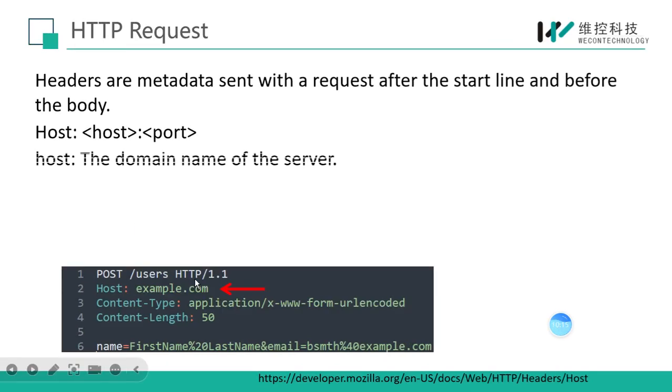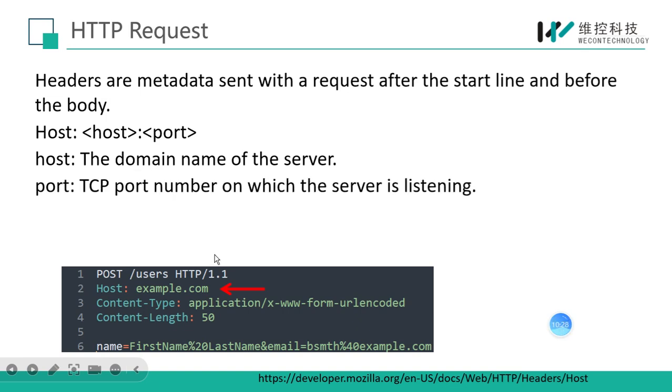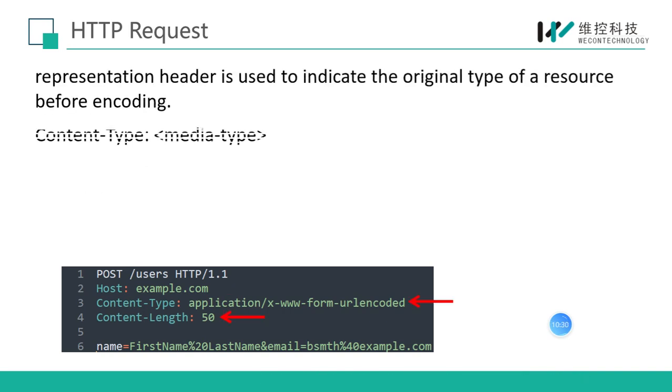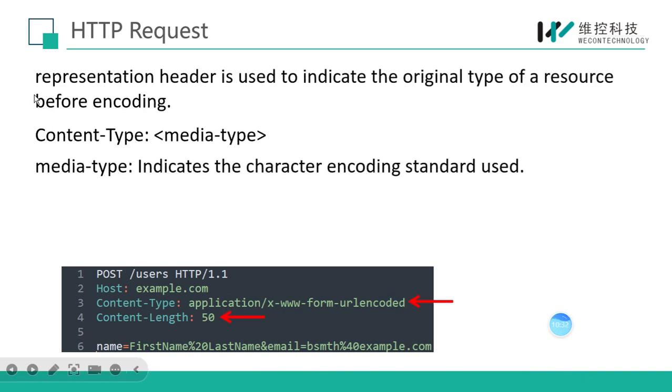The next one is the host: host name and port number if available. And the next one is the representation header. It indicates the original type before the encoding.